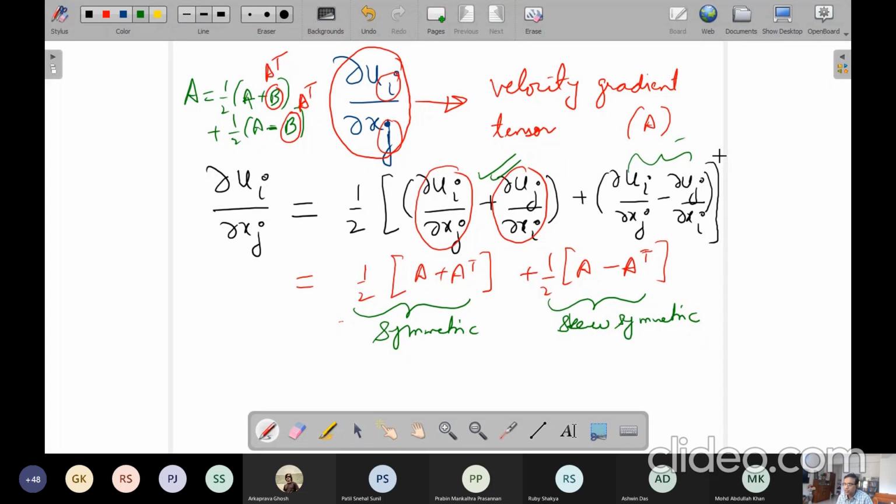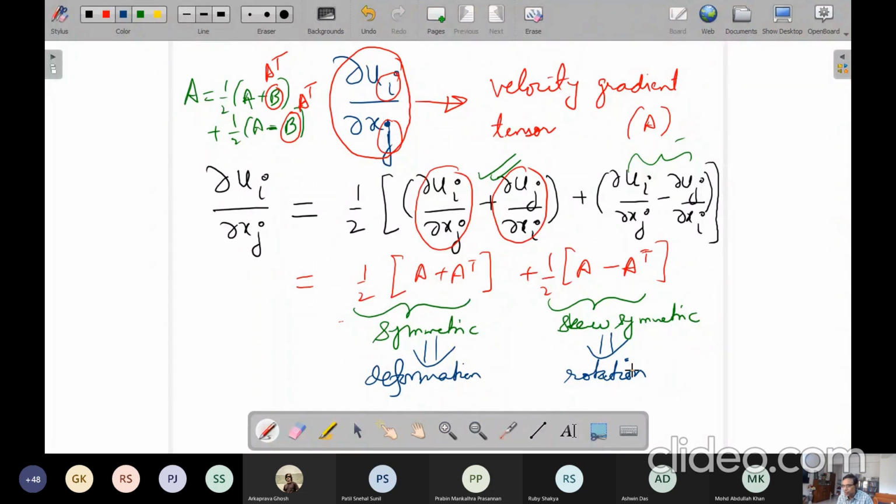Now the physical meaning. The symmetric part has a physical implication of deformation, linear, angular, whatever deformation. And the skew symmetric part has a physical implication of rotation. You can now connect that with the expressions for angular motion and the linear one that we have developed.